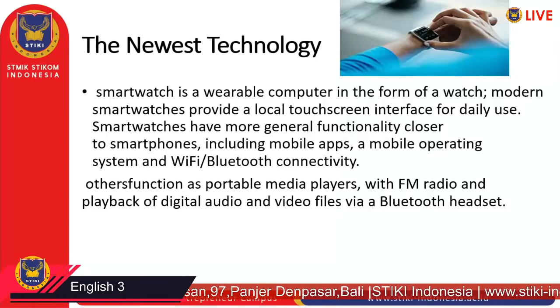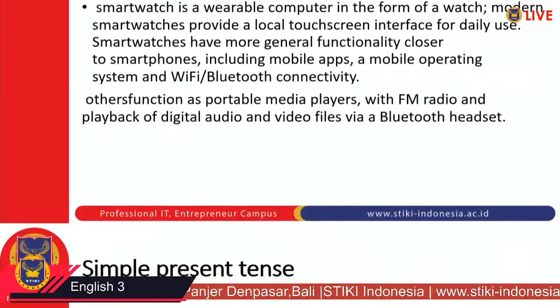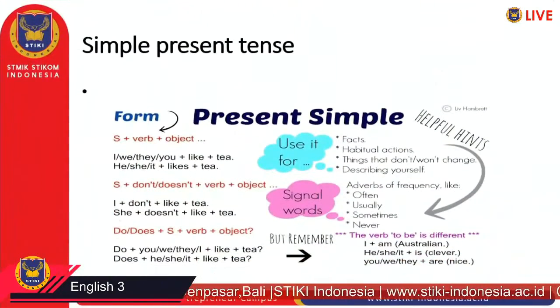Okay, when we are talking about the newest technology, we have to make the sentences by using simple present tense. The characteristic of simple present tense is using present grammar.